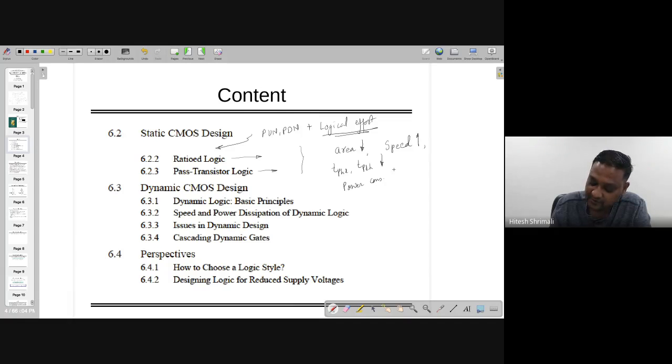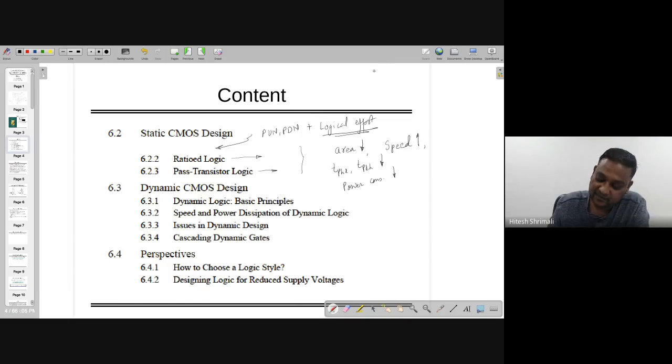Notably, two kinds of power consumption are there. One is static and one is dynamic. In the case of static, we'll have the static power consumption when both the transistors are on, and you can find that out by VDD. In the case of dynamic, it's coming from the changing of inputs, and by looking at the output you can find out the power consumption, which is dynamic.